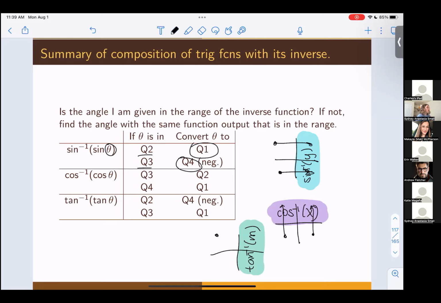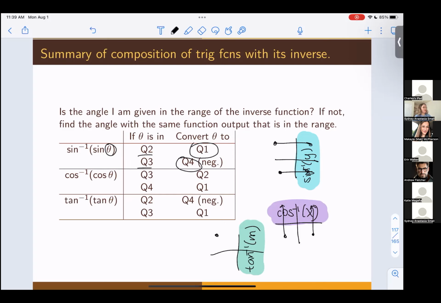Well, if you recall in quadrant 2, the tangent of angles is negative because we're looking at a slope and we're looking at a positive y value divided by a negative x value. So we're going to end up with a negative slope. So we need to convert it to the quadrant that also has a negative slope. Quadrant 1 has a positive slope, so we don't move this way.